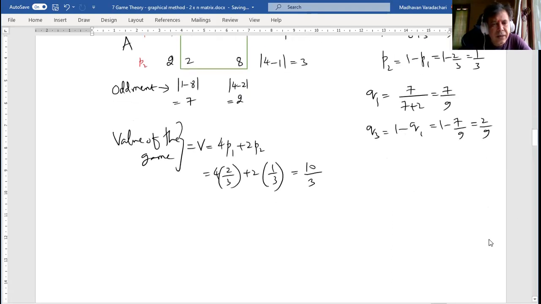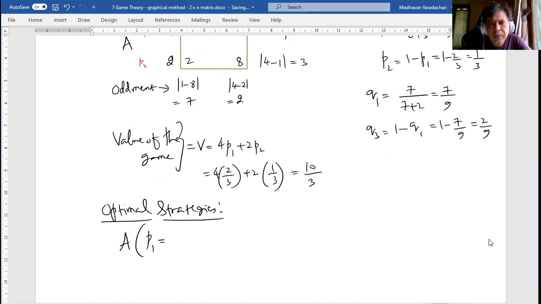Now I can present the optimal strategies for both the players. As A: P1 equal to 2 by 3, P2 is 1 by 3.